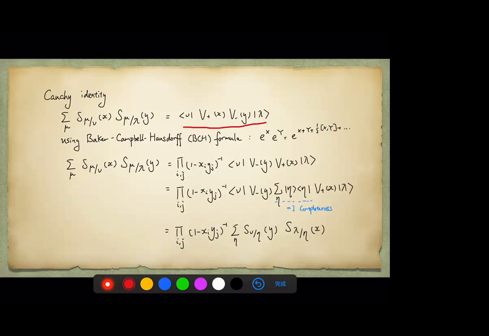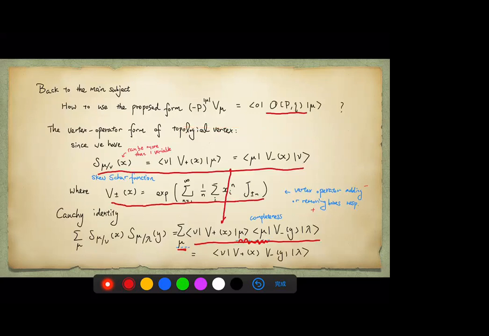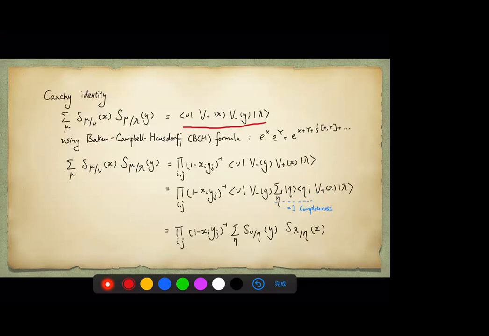We can see this is an explicit expression of the vertex operator V, and V plus is an annihilating one, and V minus is a creating one. So by exchanging V plus and V minus with the Baker-Campbell-Hausdorff formula, we can get some factor, and we use the completeness of the basis, and we can, for example, derive the Cauchy identity.